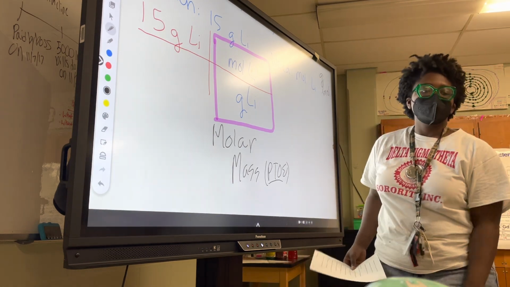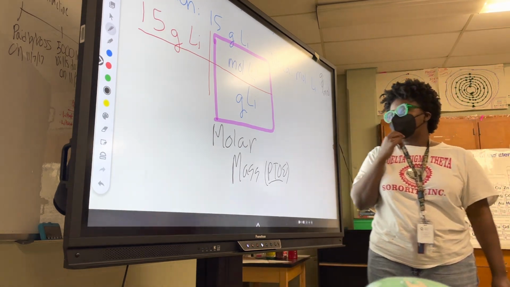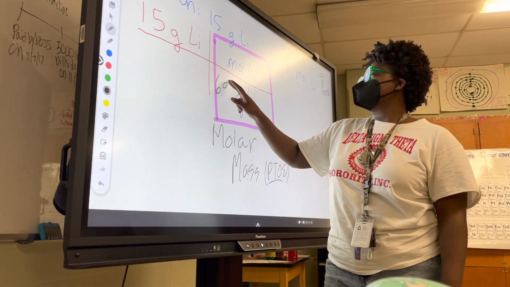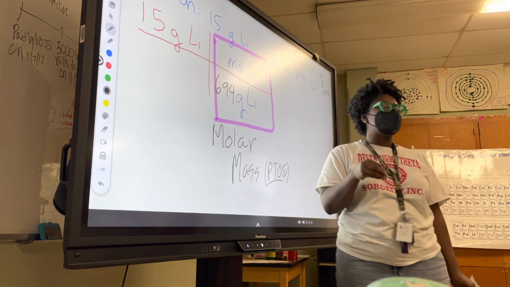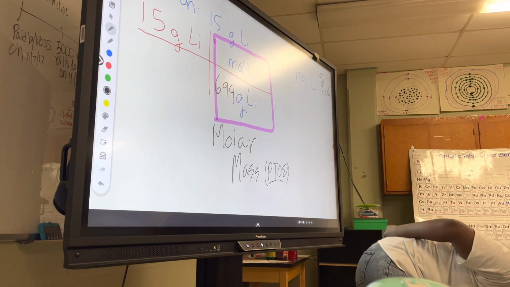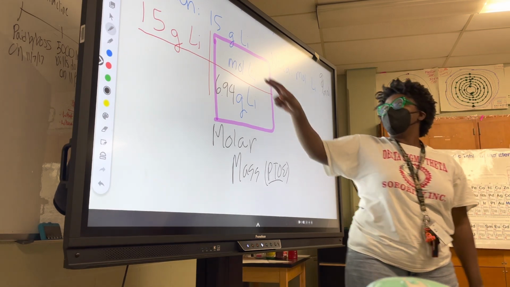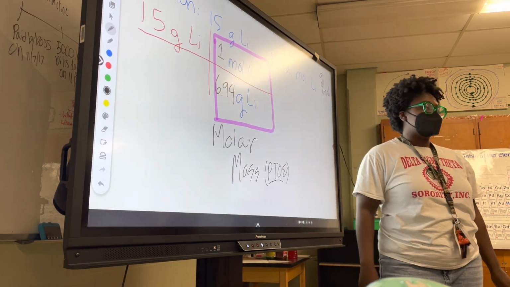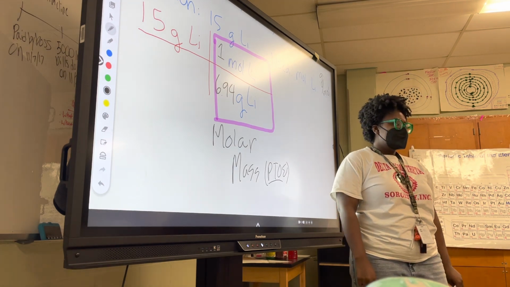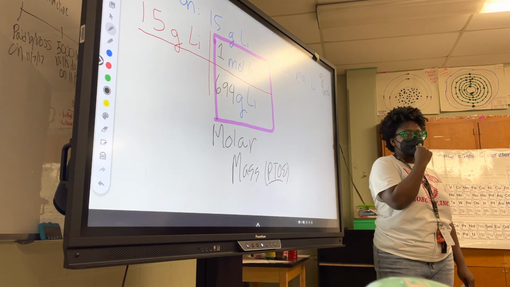All right. What is the mass of lithium? Yell it out. Yell it proud. 6.94. And that represents the number of grams in 1 mole of lithium.